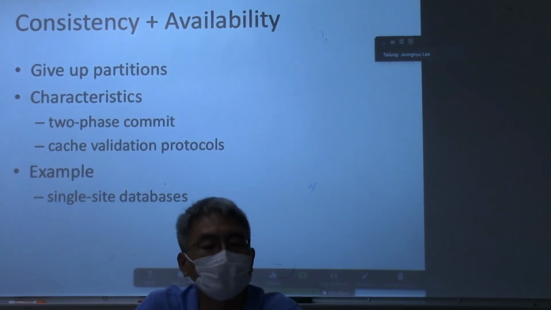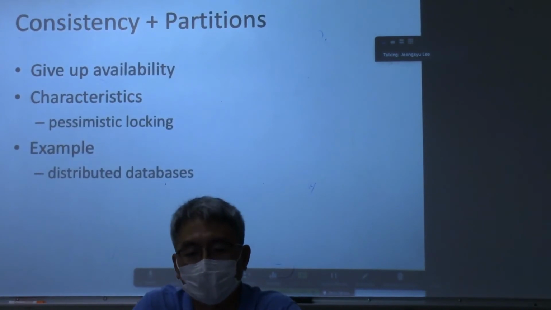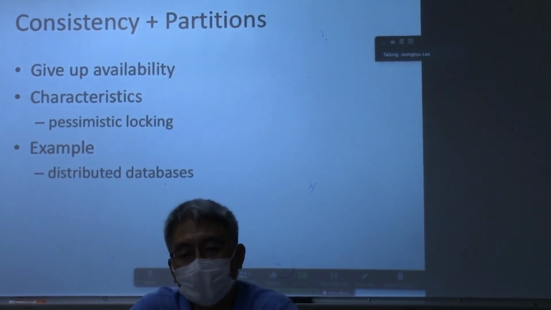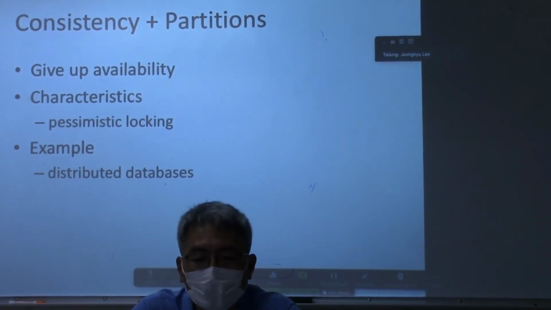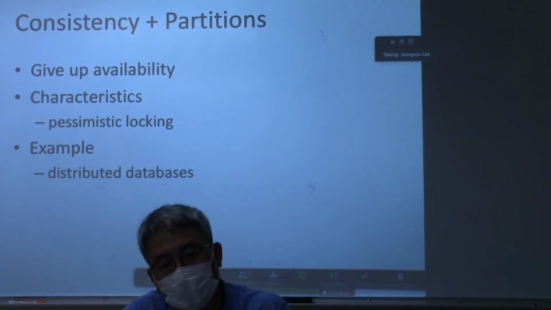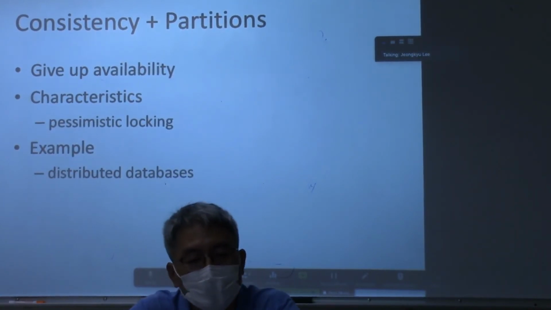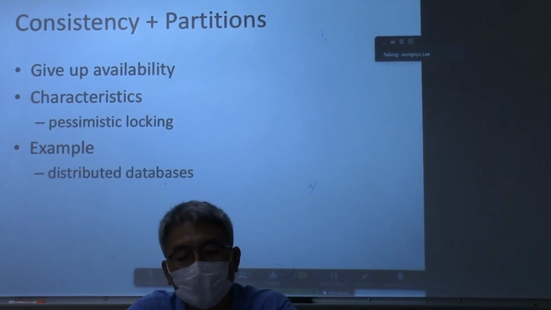The typical relational database has consistency as well as availability. What about consistency plus partition, which means sometimes the system may not be available because we need to keep the consistency along the different partitions? So we give up the availability. At that time we need to lock.